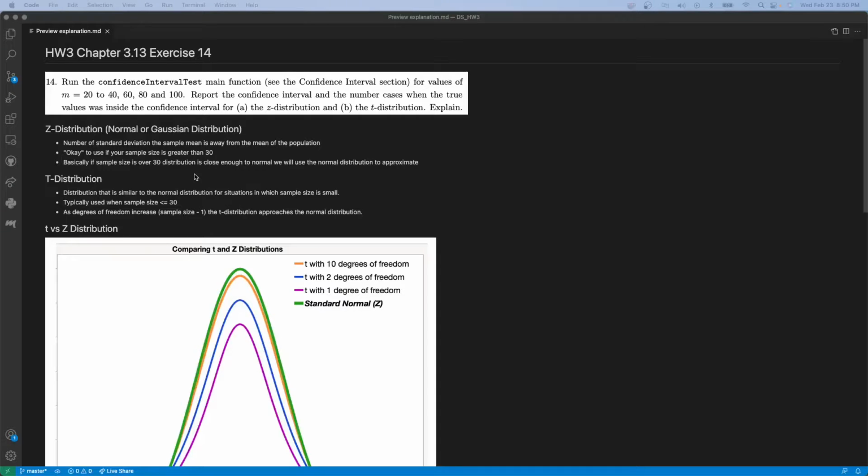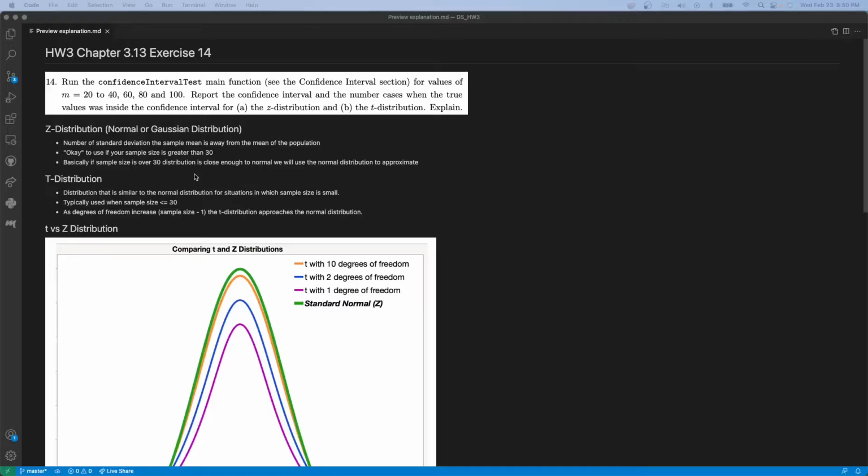If you were to know the population mean and the population standard deviation, then you could and should use the z-distribution, assuming that your population is normally distributed.